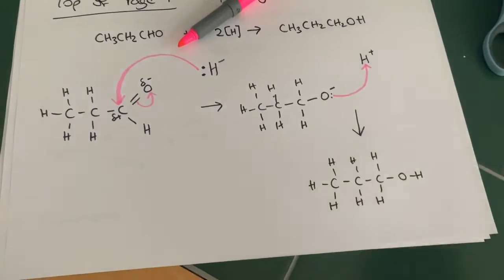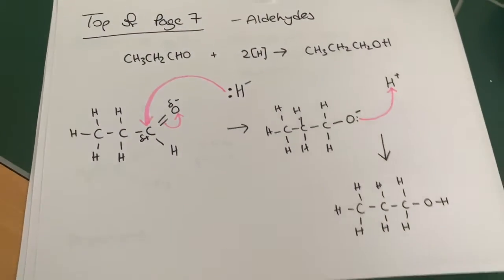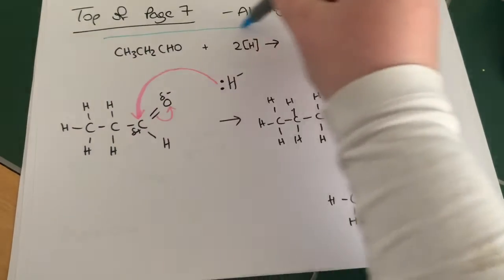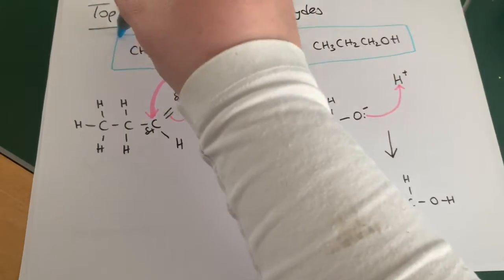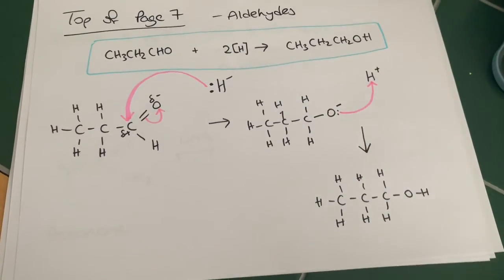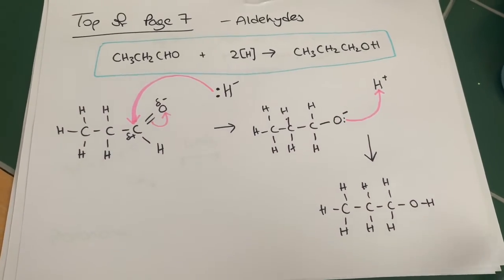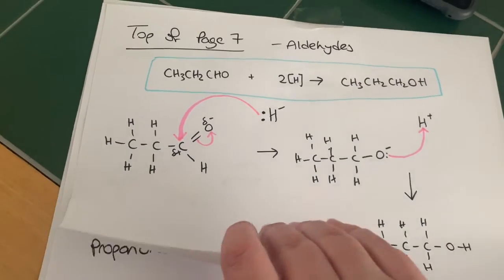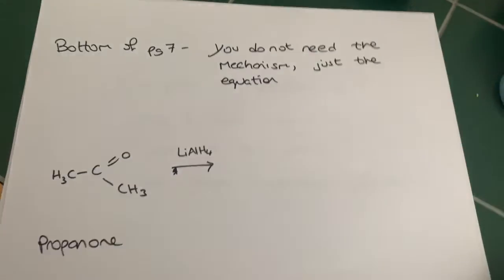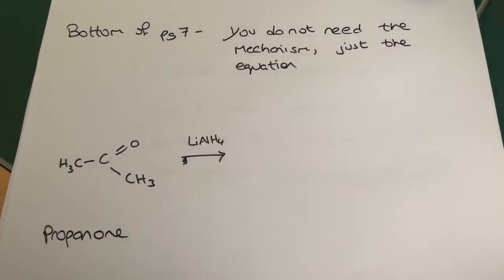Okay, so again, the only thing you need to know in this page is your equation here. You don't need to know the mechanism, but I wanted to show you where these 2 hydrogens come from. Okay, so at the bottom of page 7, then we have got our ketone, so it's the same thing.